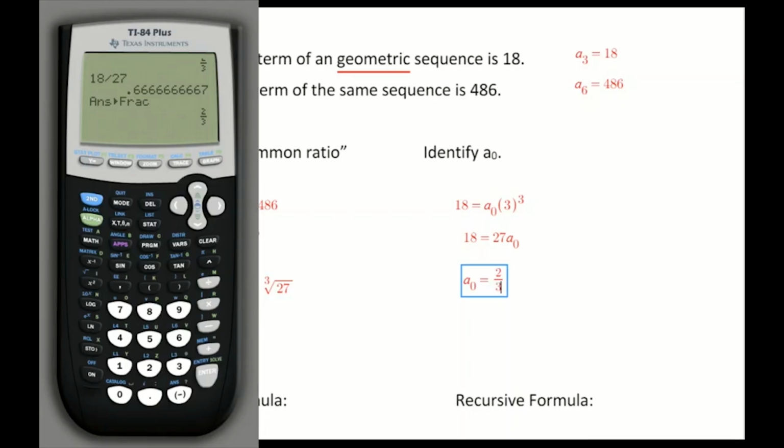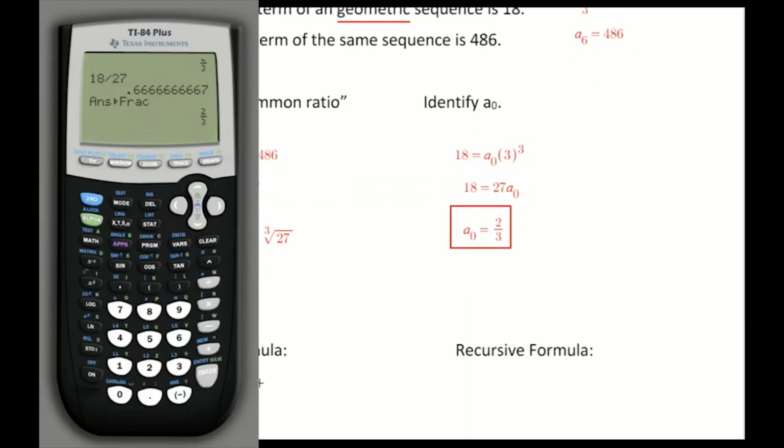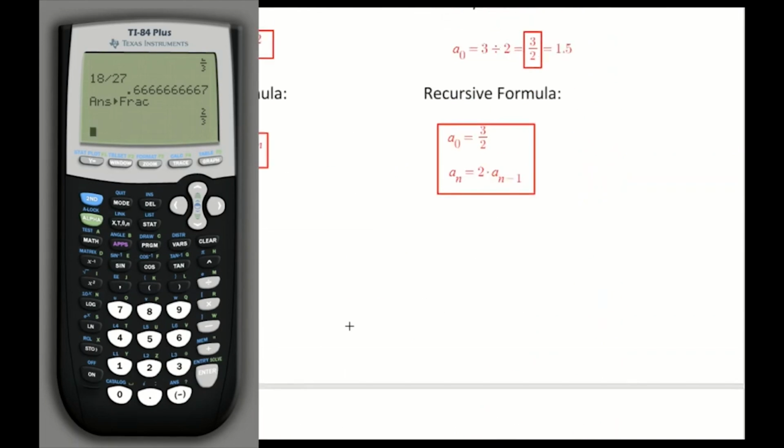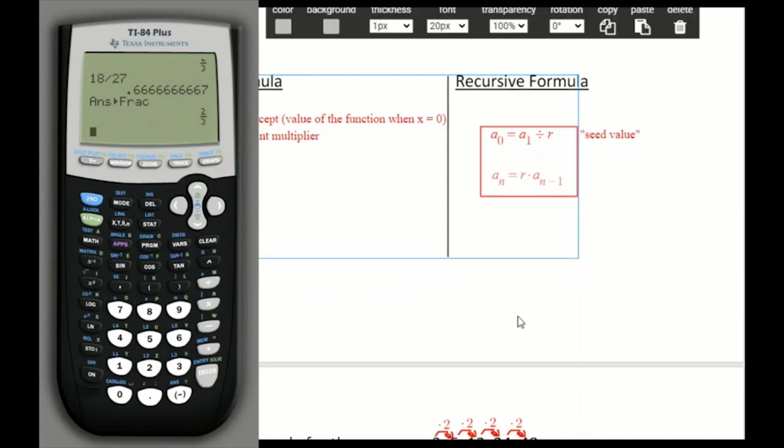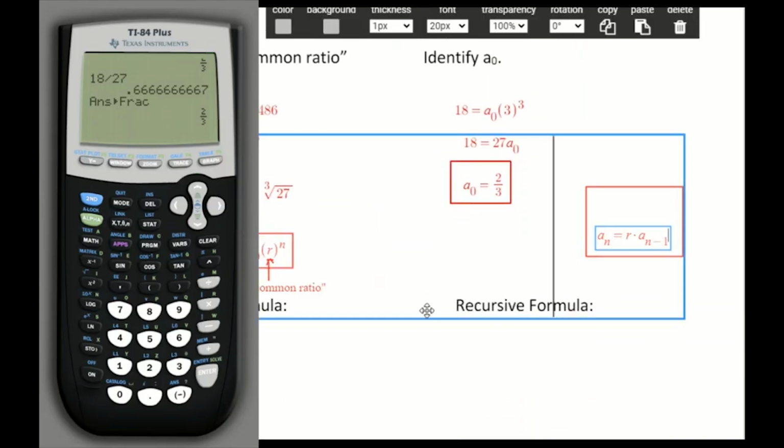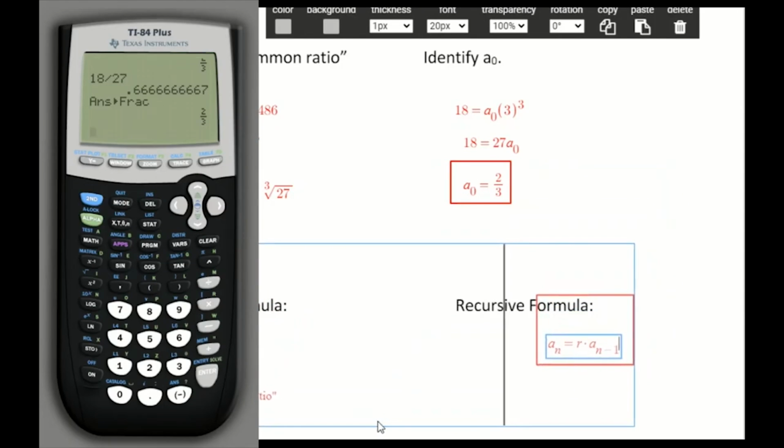All right, so we got the common ratio and we got a sub 0, so the hard part's done here. Now we can just go ahead and write our explicit and recursive formulas, which were given up here, right? This is going to be the format, so I'm just going to copy and paste. Oh, it didn't give me the seed value, that's fine.